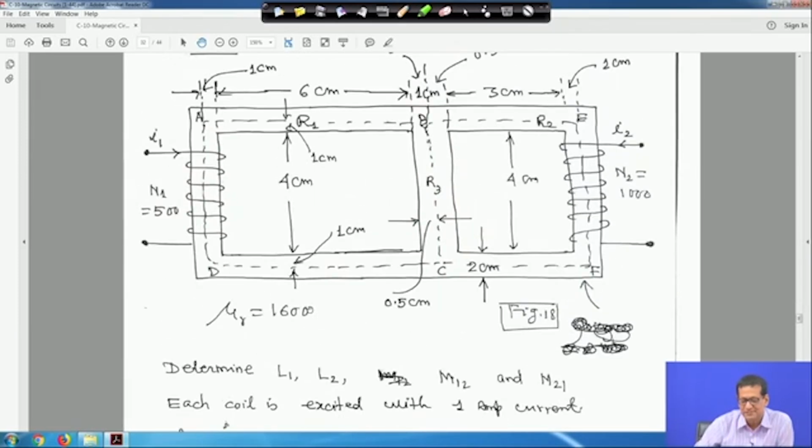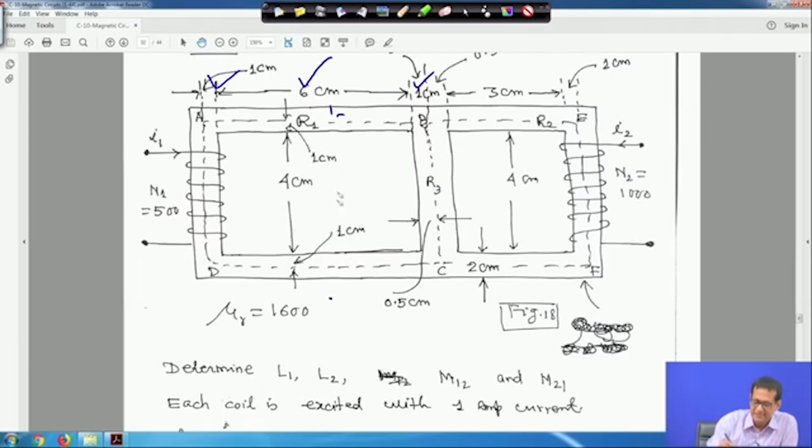So for L1, this is actually the mean path, this is 6, this is 6, and this side is 1 and this side is 1. Similarly this side and this side are identical, and this side is 4 plus 1, from here to here it is 1, here to here 1.